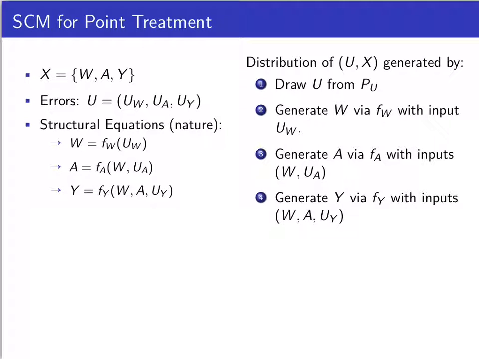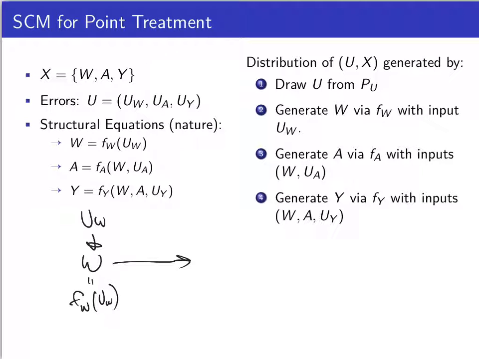So again, if I drew this as a graph, there's W, and I have UW going there, and this is equal to FW of UW.